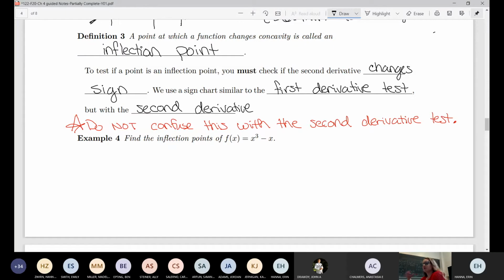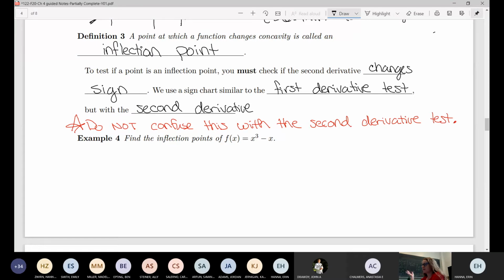But essentially what we're going to be doing is the same thing we do for the first derivative test. We're going to find the second derivative. We're going to set the second derivative equal to 0. We're going to plot those points on a number line and plug test points into the second derivative. It's the exact same thing, but with the second derivative instead of the first derivative.